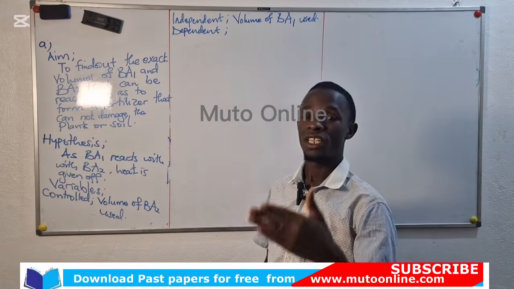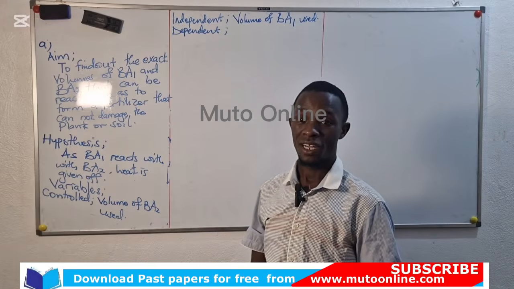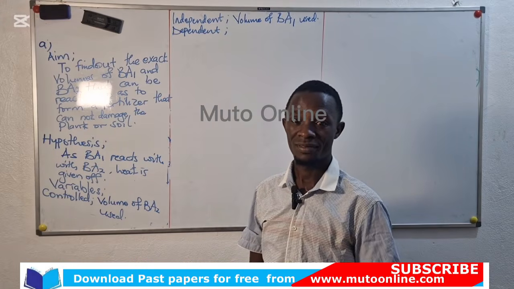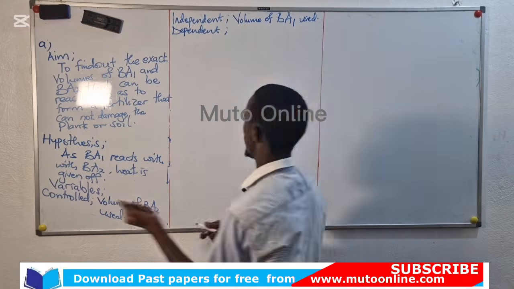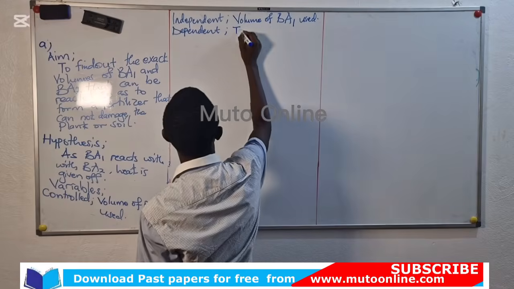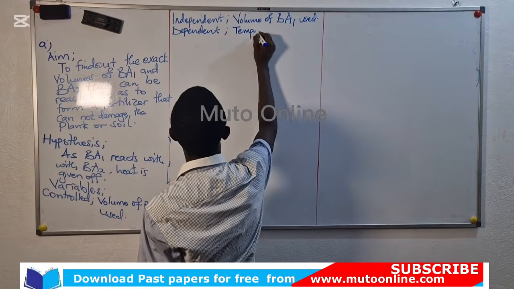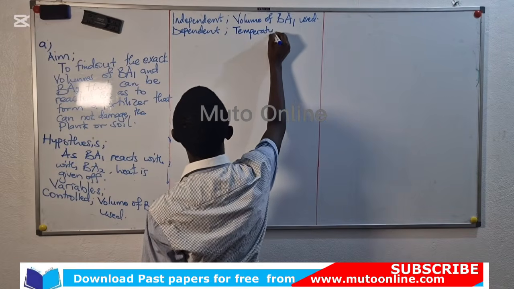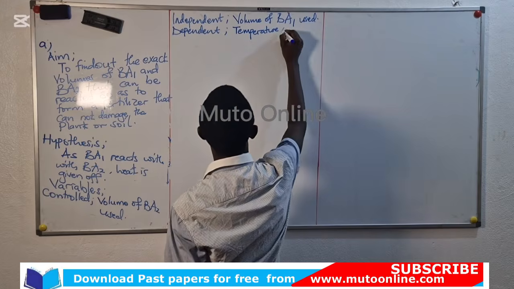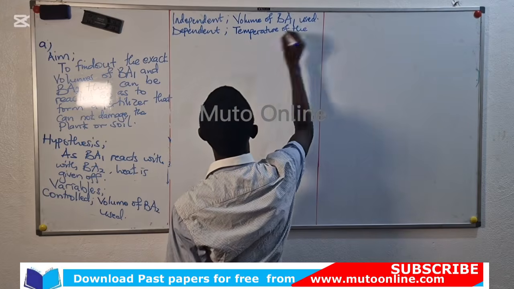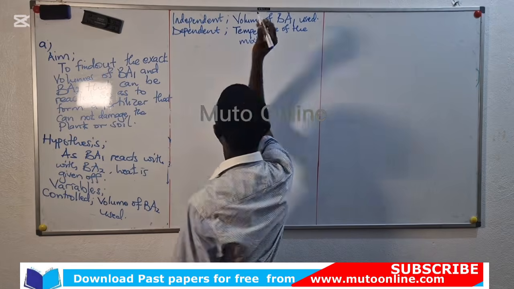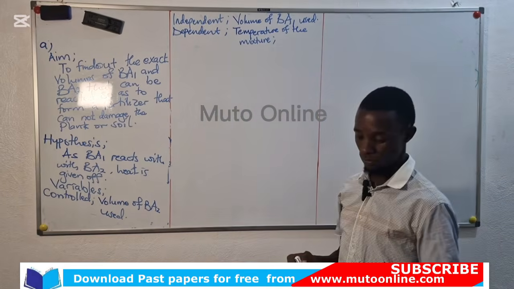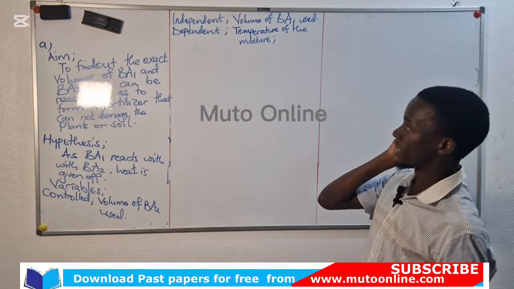We are recording the temperature of the reaction, the temperature of the mixture. So the temperature of the mixture becomes the results, or the dependent variable. I think we are flowing.